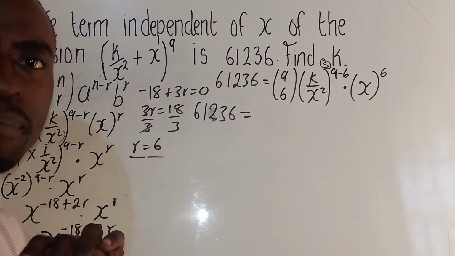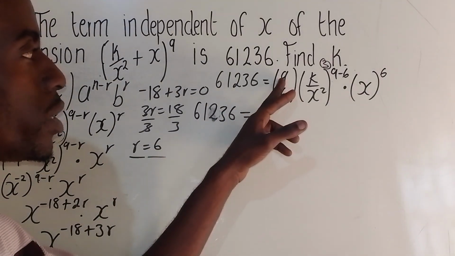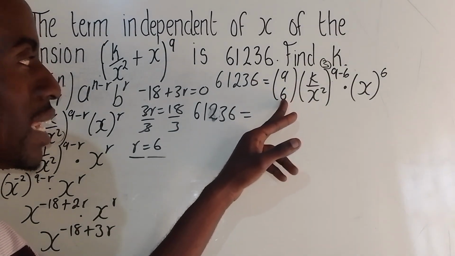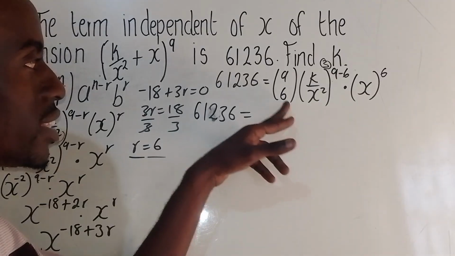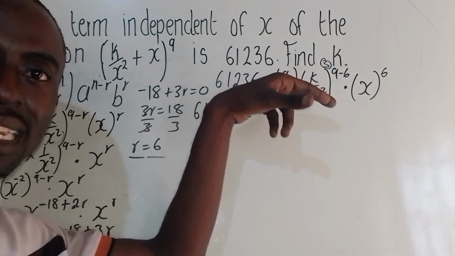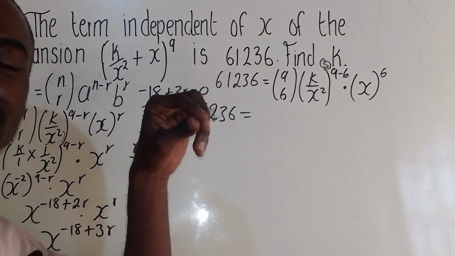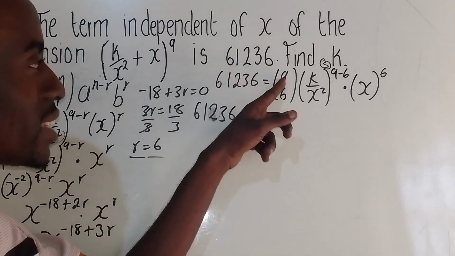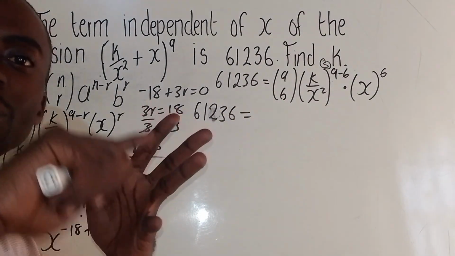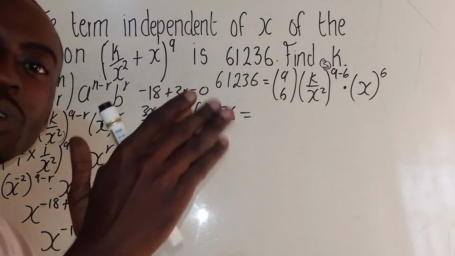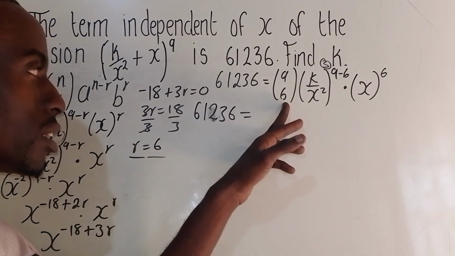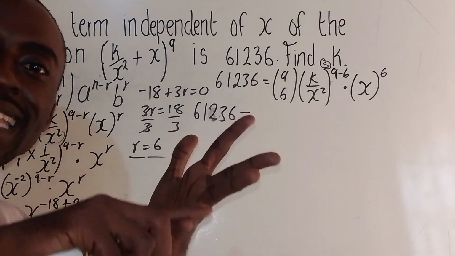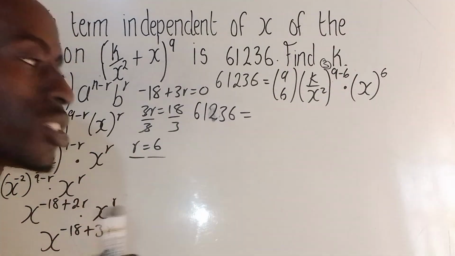Since 6 simply means 6 times 5 times 4 times 3 times 2 times 1, they're going to cancel out. So I'm going to remain with 9 times 8 times 7, because those values which are 6 and below have been cancelled with this 6 here.